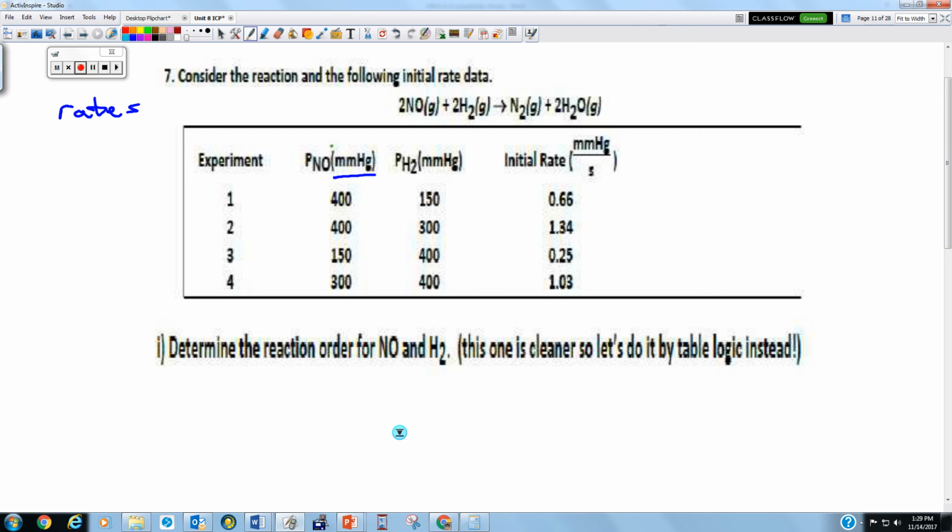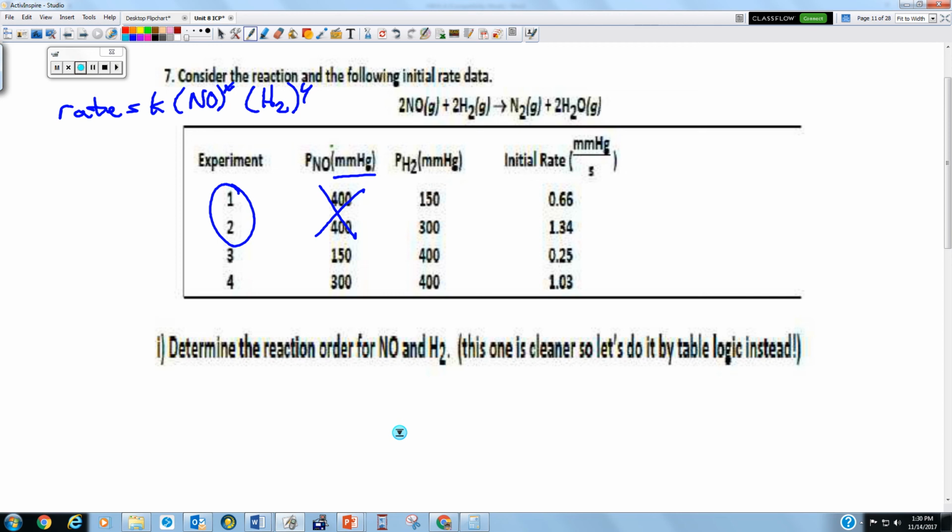So your rate is equal to K times NO to the X times H2 to the Y. That's our skeleton rate law. Now, I'm going to look at experiments 1 and 2. I can cancel out my two pressures there because they are the same.